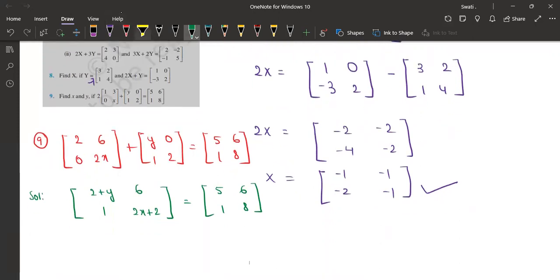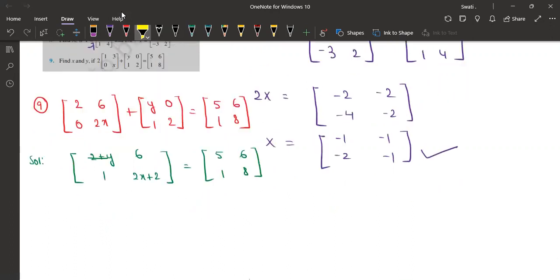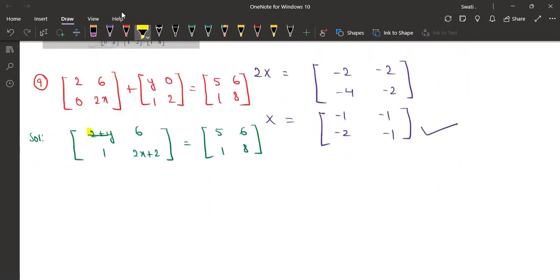So it simply tells you that this 2 plus y is same as 5, and this entry is same as this, because we want to find the value for x and y. So 2 plus y is 5, and this will become 2x plus 2, that is 8, right?